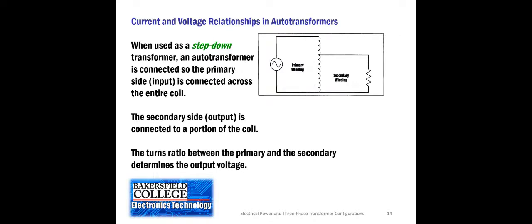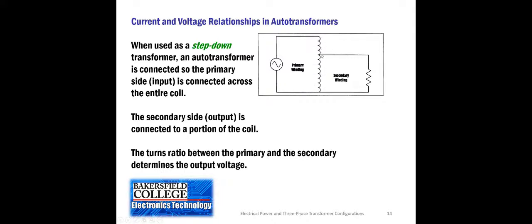The way an autotransformer can work, it can be used as a step down transformer or a step up transformer. Essentially, with step down, we tap into the autotransformer coil below the maximum. This actually creates two different sets of coils.